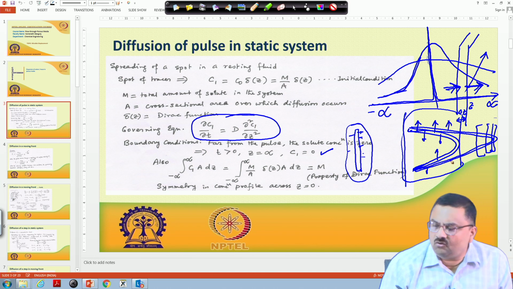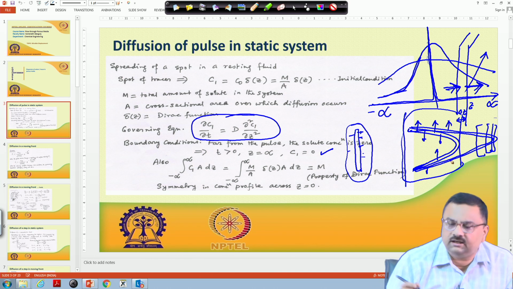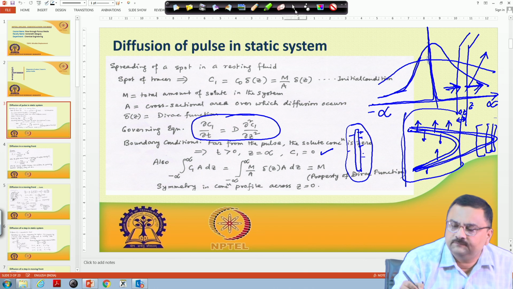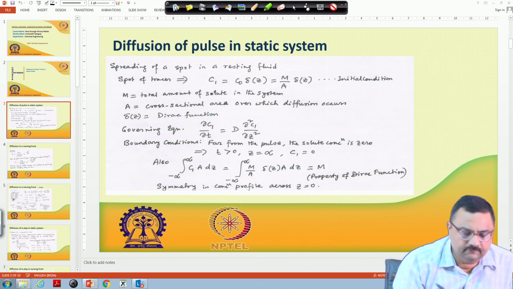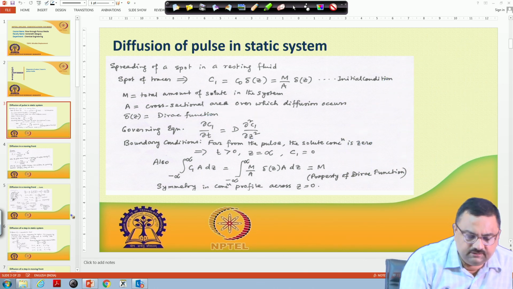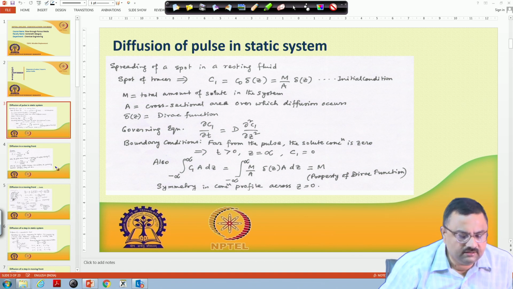And regarding your concentration increasing, let me see. Concentration increasing is, this is the C1 bar. Where did I use C1 bar?